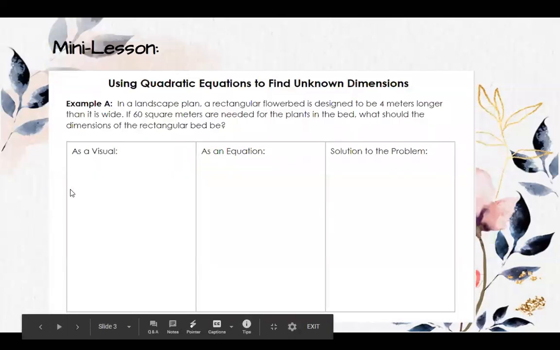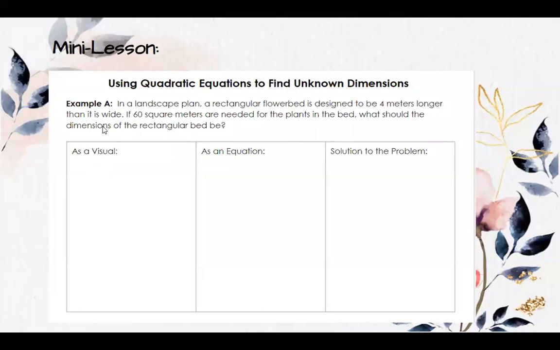Okay, so next, I just want you to write down what I'm writing down. I don't want you to write out the word problem. I just want you to notice what I'm doing. I want you to write down the picture that I'm drawing, the equation, and then the solution.